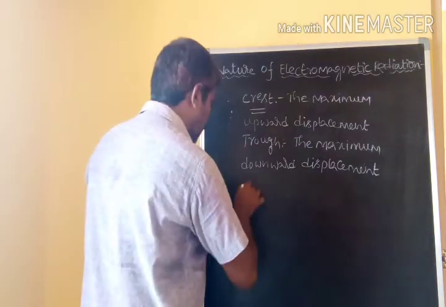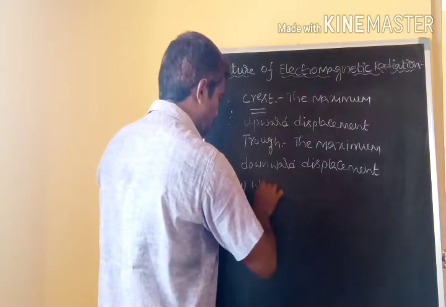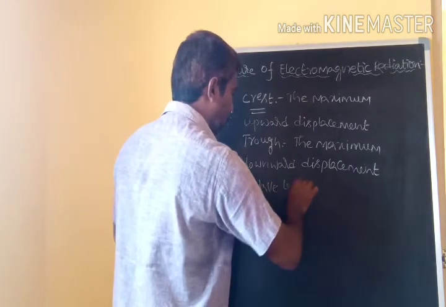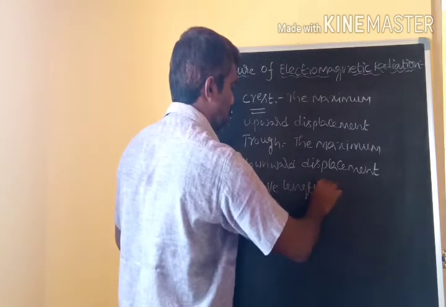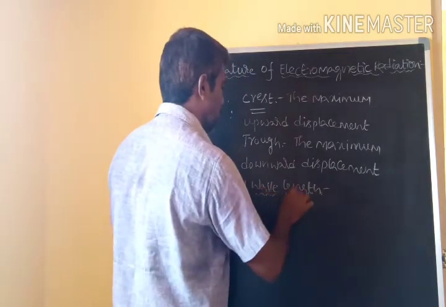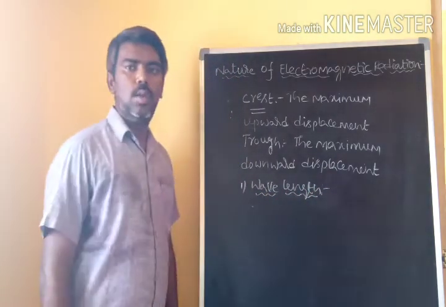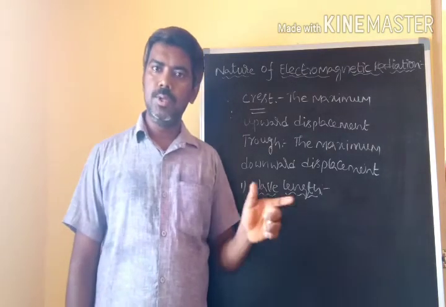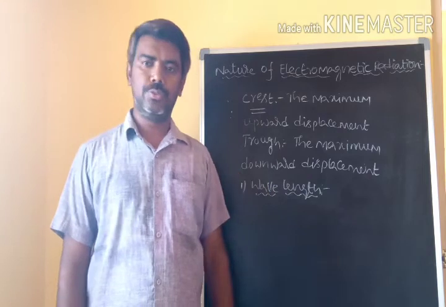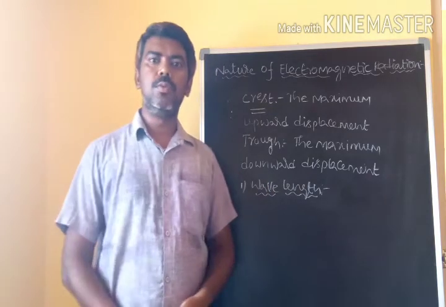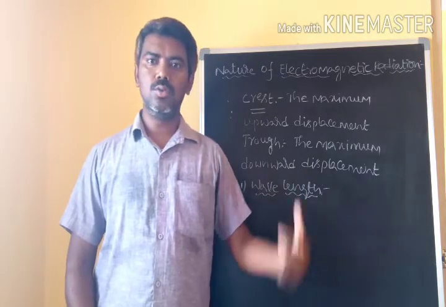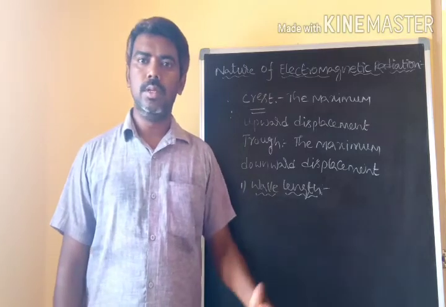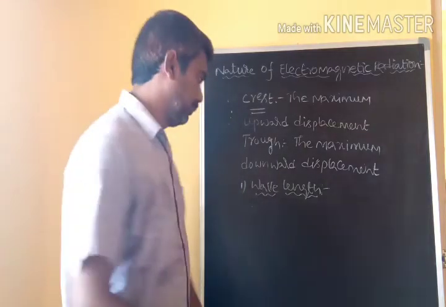The first one is wavelength. Wavelength is the distance between two successive crests or two successive troughs. It is called a wavelength.